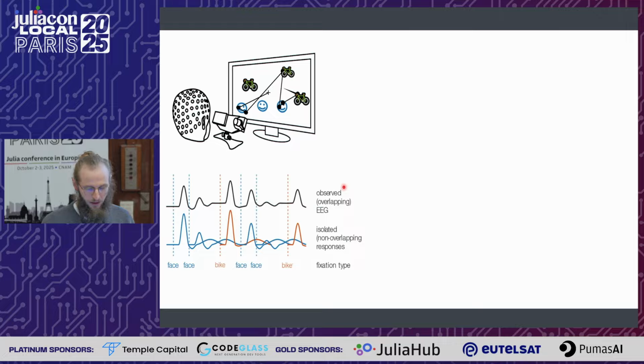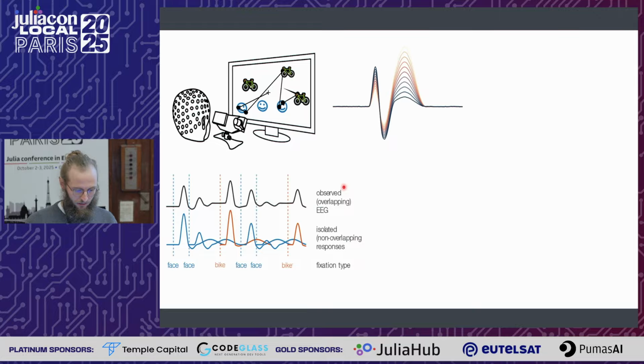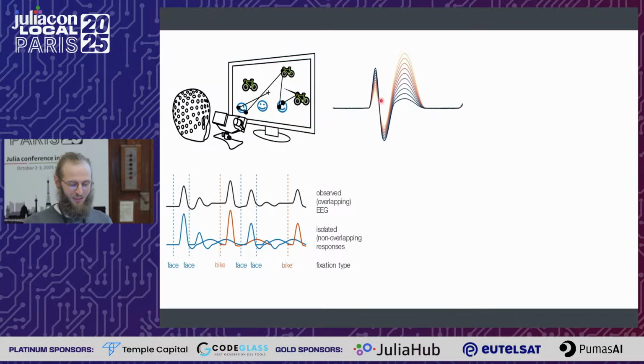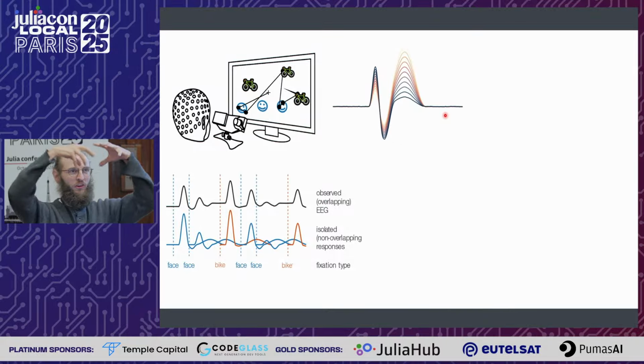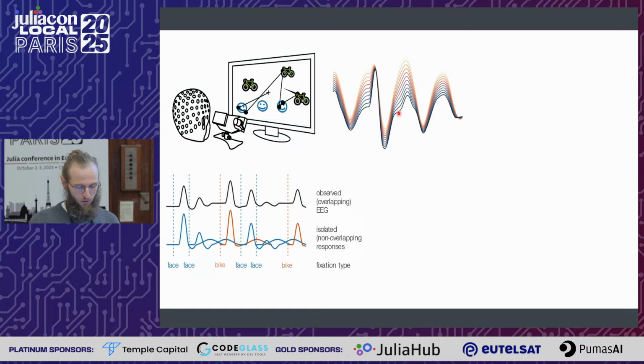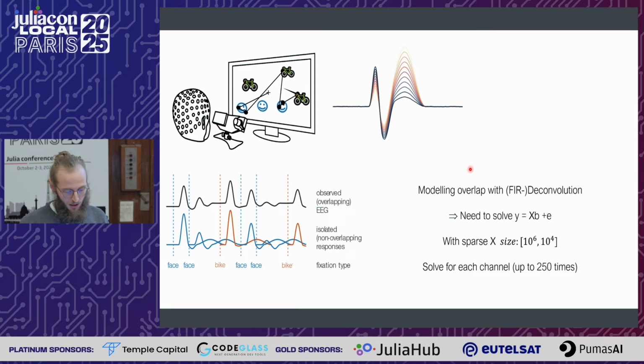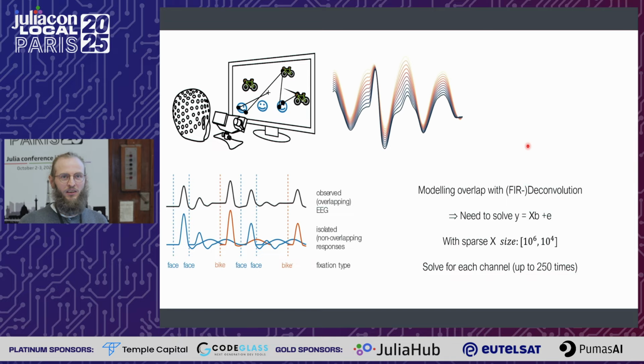others and we came up with a way to model this, and here I have one illustration, because this overlap clearly completely transforms the shape of the evoked response you get from the brain if you increase the overlap. What we're doing from a technical point of view is what's called FIR deconvolution.